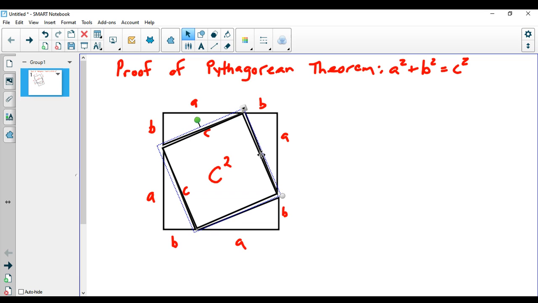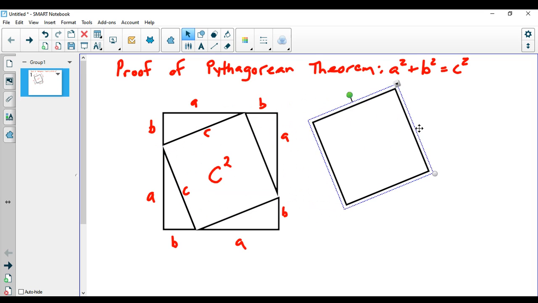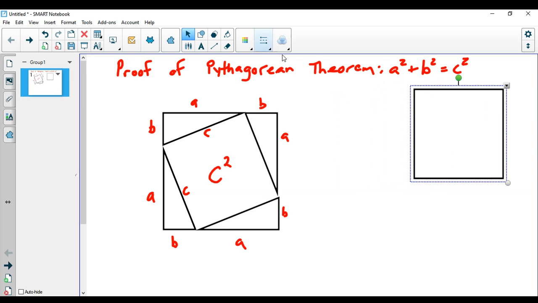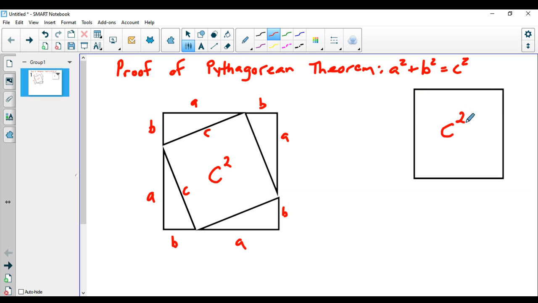It doesn't need to be exact. So we said this square was C squared.